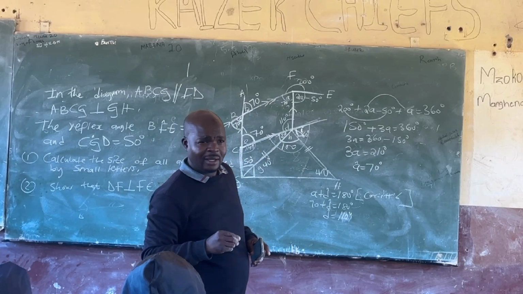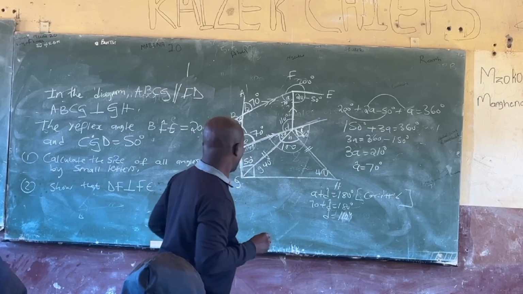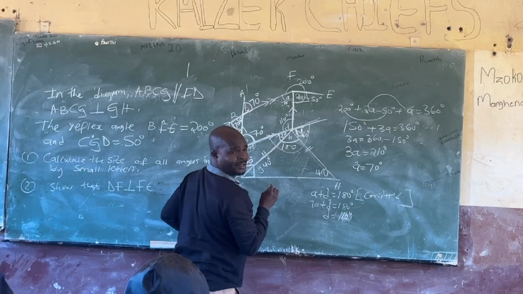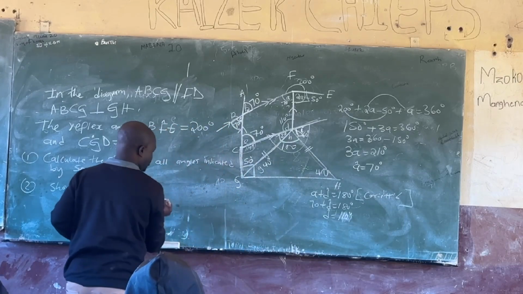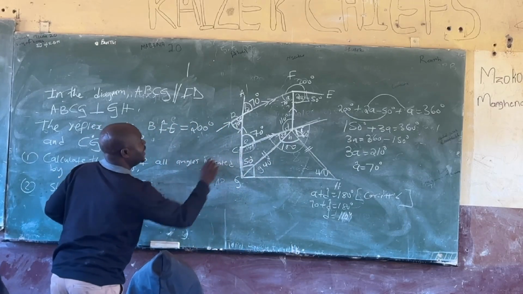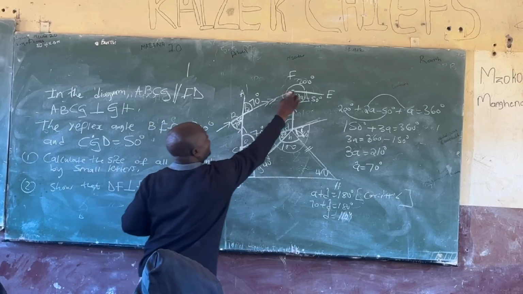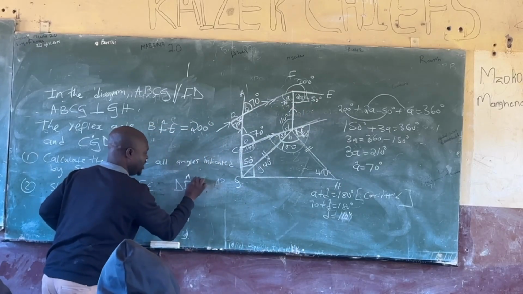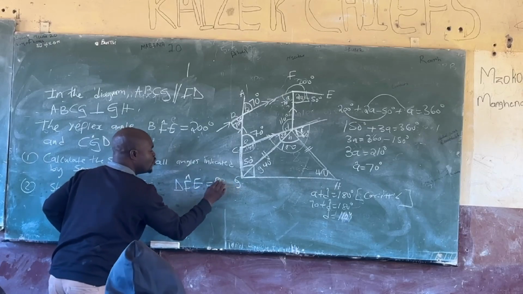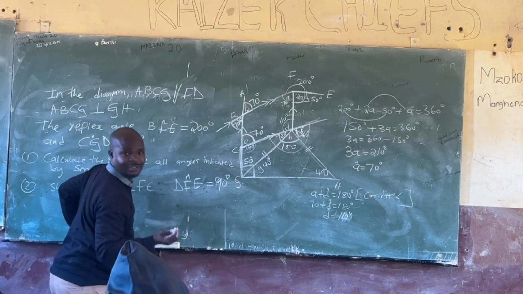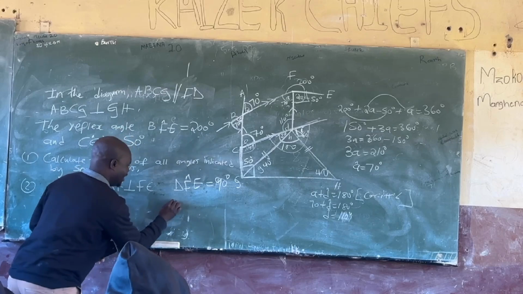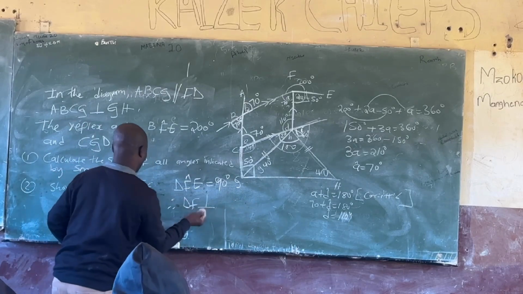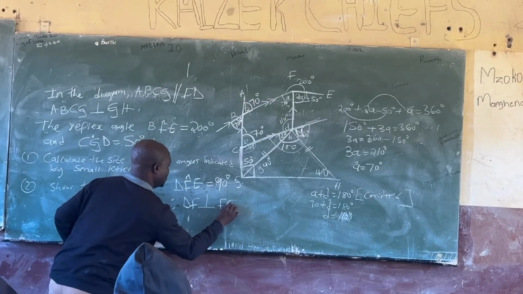It means that this is 90, which means the answer is true. Angle DFE is equal to 90 degrees. Therefore, DF is perpendicular to FE. Done.